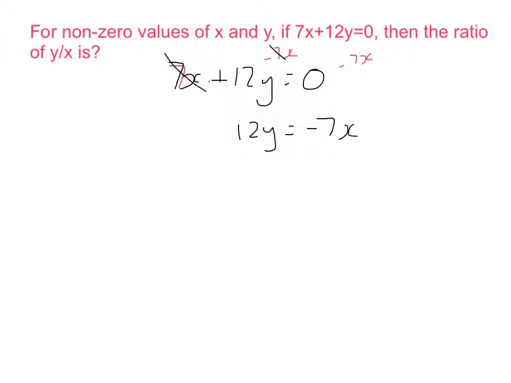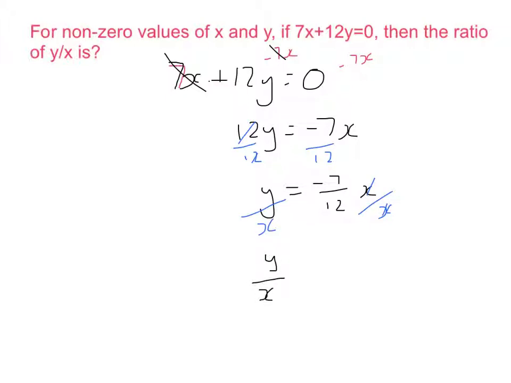Next, if I divide both sides by 12, that cancels down, leaving y equal to negative 7 over 12 x. And then if we divide both sides by x, that cancels down, leaving us with y over x equal to negative 7 over 12.